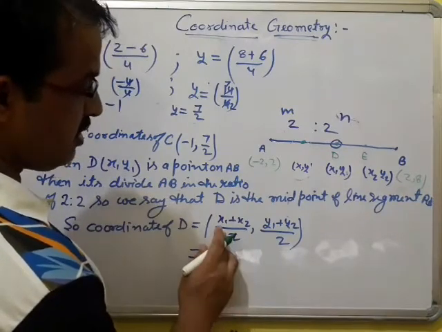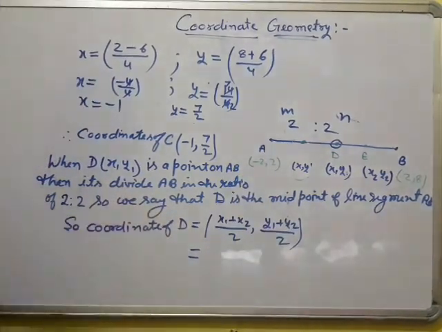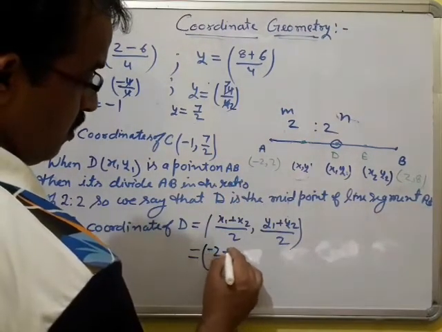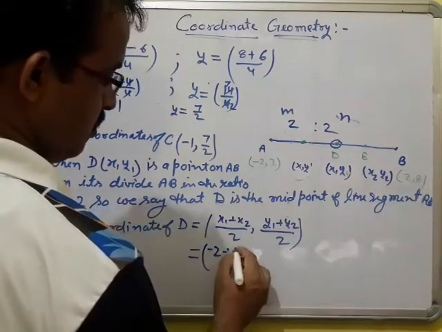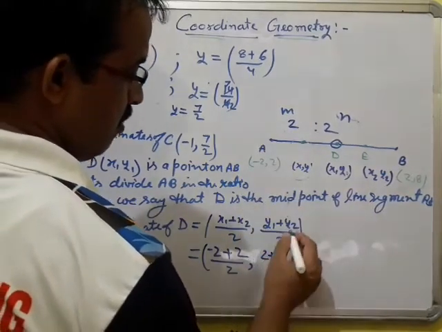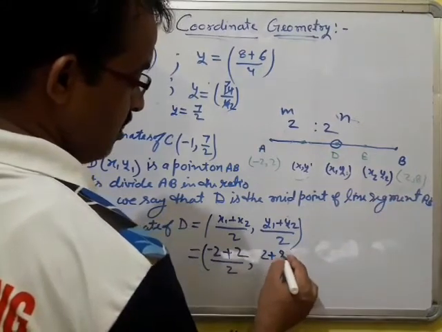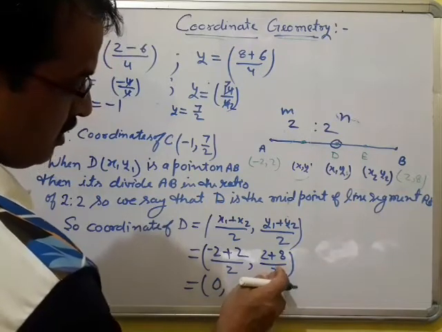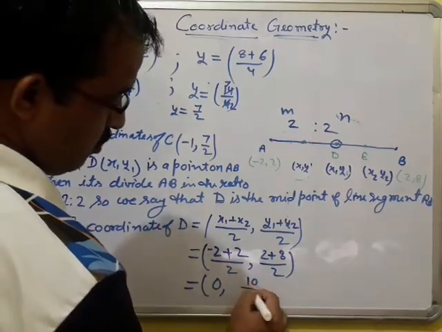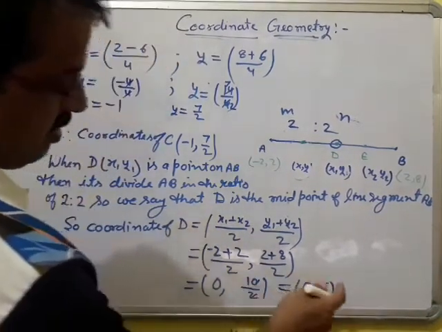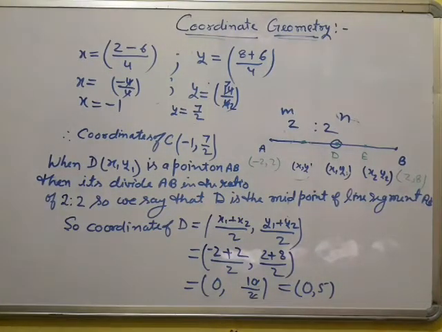So here x1 is given as minus 2 and x2 is 2, y1 is 2, y2 is 8. So we get 0 and 10 by 2, so this is 0, 5. 2 5s are 10, 0, 5. So D's coordinates are 0, 5.